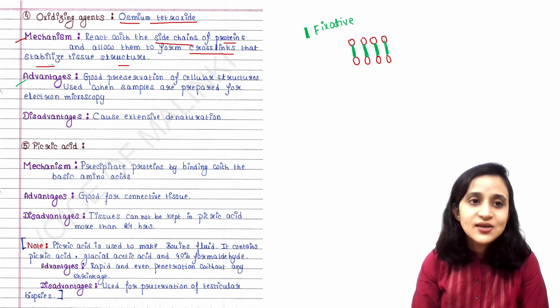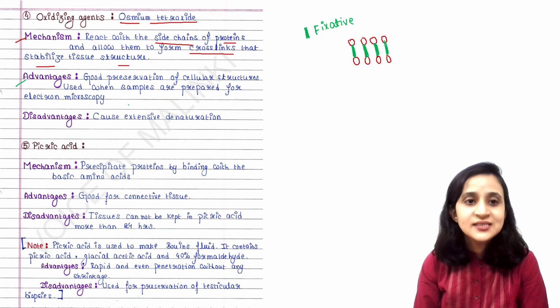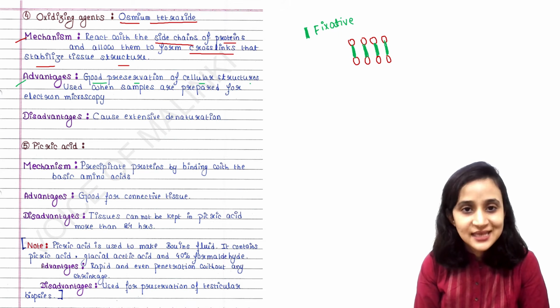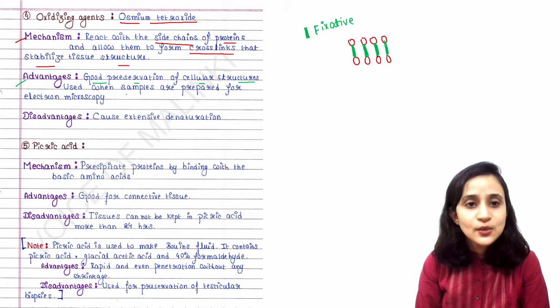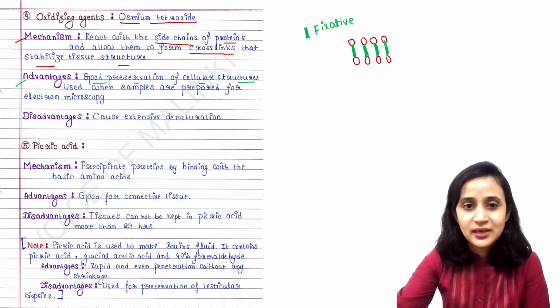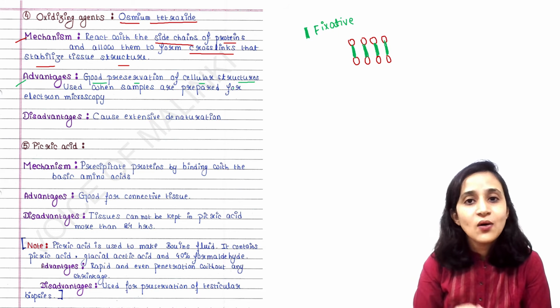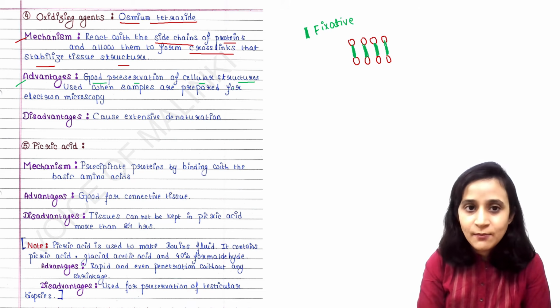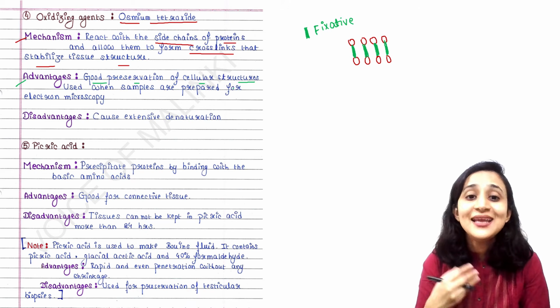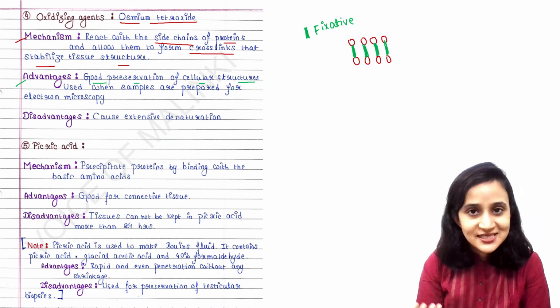Now, advantages of using oxidizing agents. Good preservation of cellular structures. It helps to preserve the cellular structure. It is used when samples are prepared for electron microscopy. So please try to understand that, because this is important from your exam point of view also: in the electron microscope, which fixative do we use?